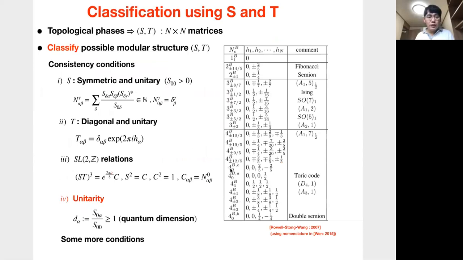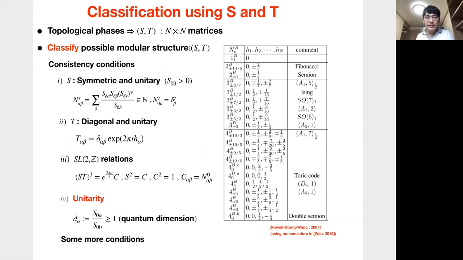So far I have explained that for a given topological space, there is some modular structure given by the S and T matrices, which are n by n matrices. By reverse engineering, we can classify the possible topological spaces by classifying all possible modular structures.